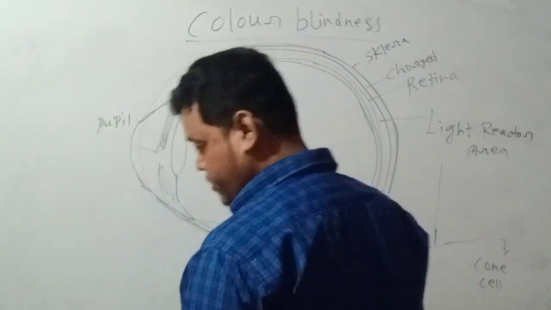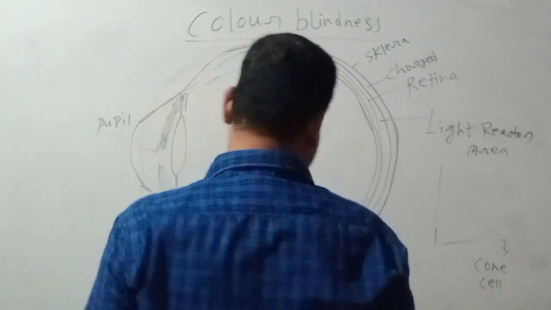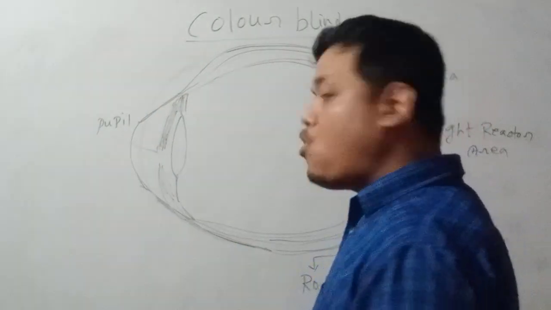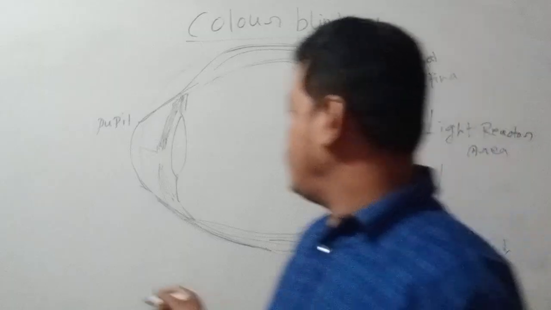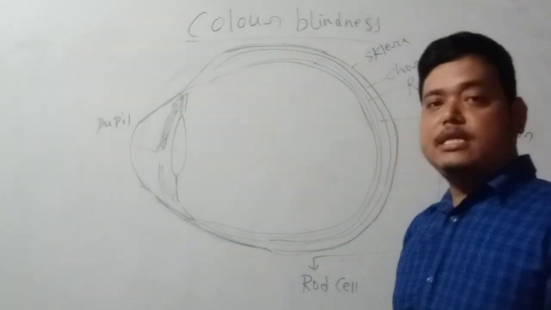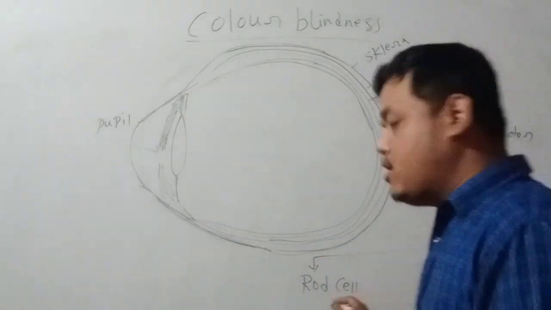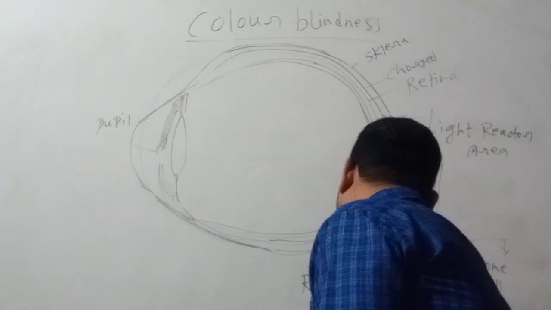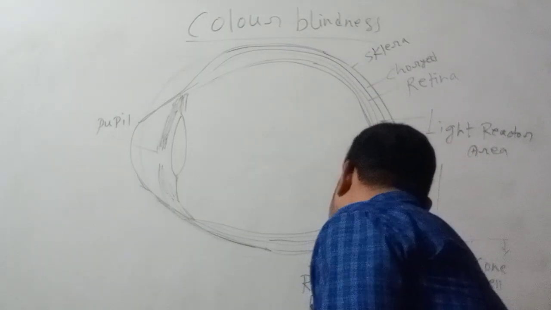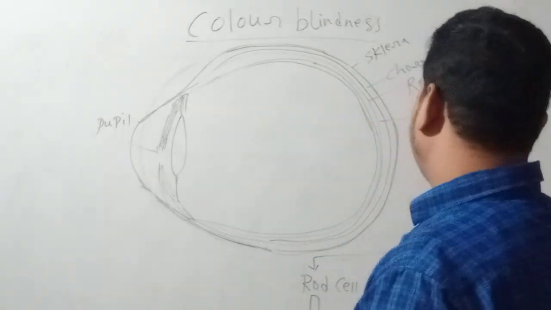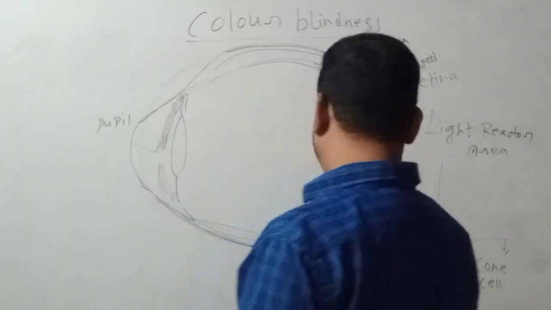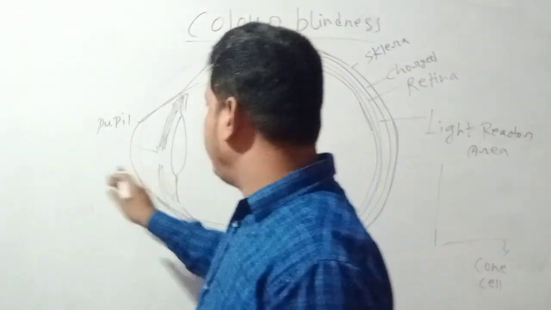The rod cell is named for its shape. Rod cells have two parts and both are rod-like structures. I have no space to draw, so I am drawing here.